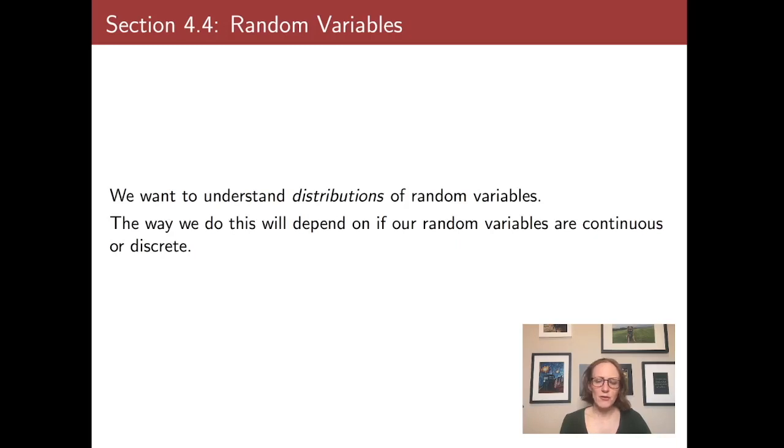And so in each of these cases of continuous and discrete, we want to learn about some commonly encountered types of distributions of random variables, so that we can find probabilities and be able to analyze our data. And so in the next section, we're going to start talking about discrete random variables, and then we'll switch gears and talk about continuous and learn how we can handle both of these things and how we can calculate probabilities.